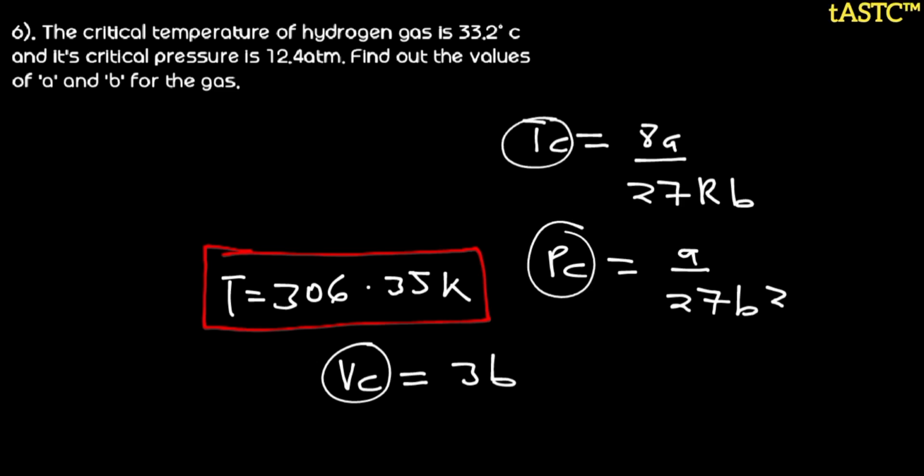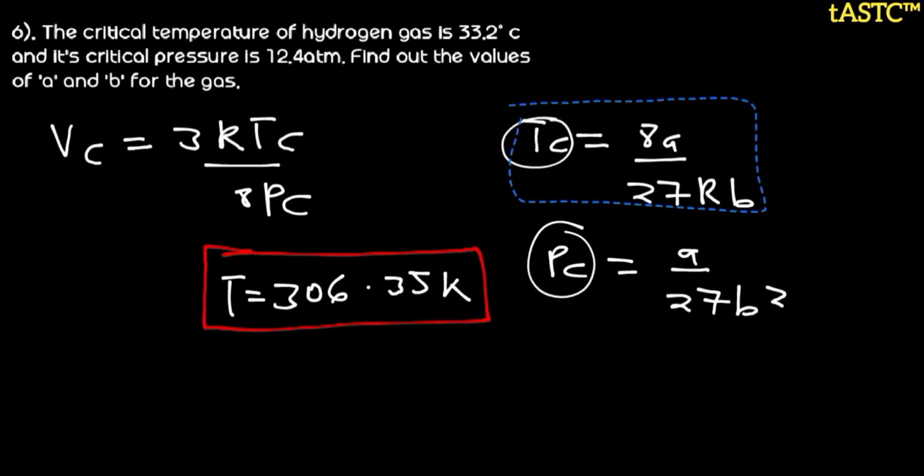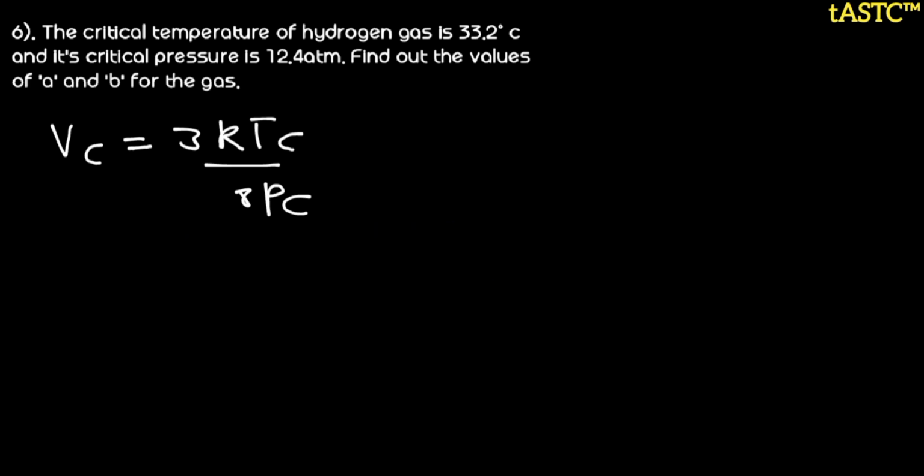Now previously we found out that V sub C is equal to 3RTC divided by 8PC. So this would actually be very helpful. Finding it is going to help us to find what B is.